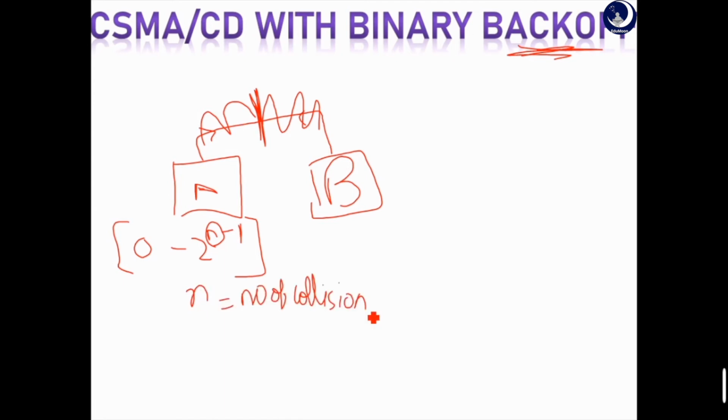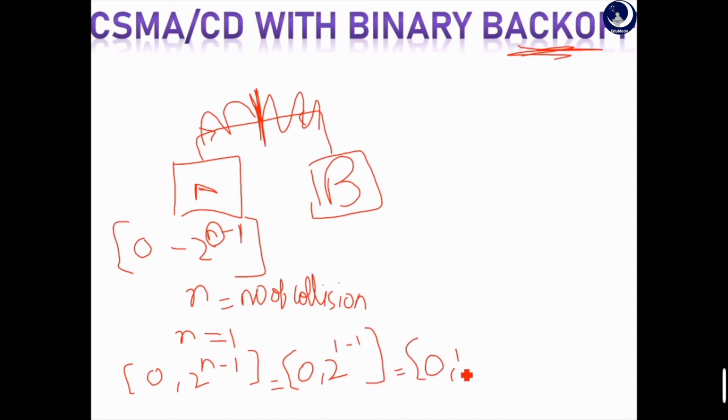Here at A, suppose this is the first time it has collided, so the n value will be 1. Now 0 to 2^n - 1 is equal to 0 to 2^1 - 1, which is 0 to 1. So now A has to choose a value between 0 and 1.